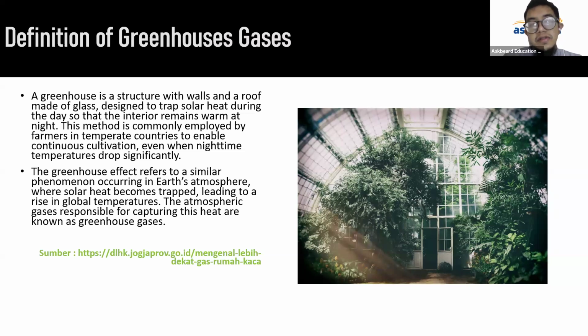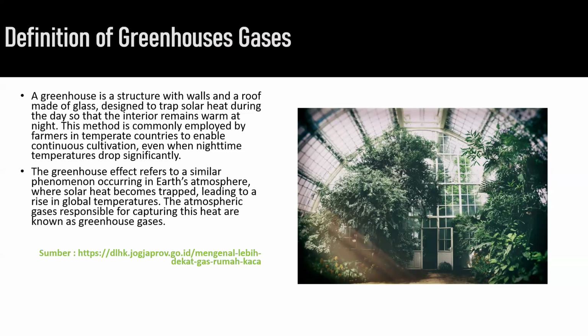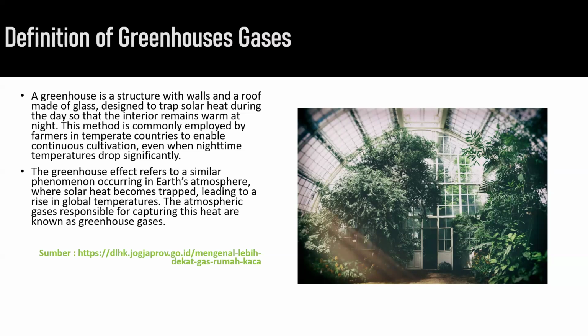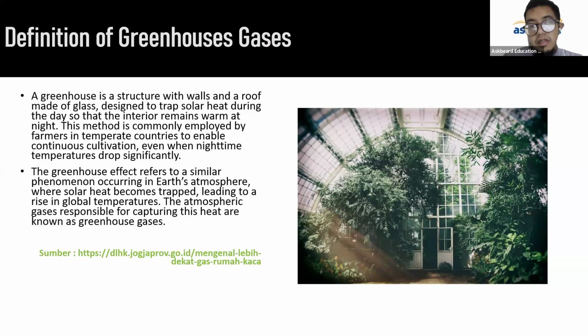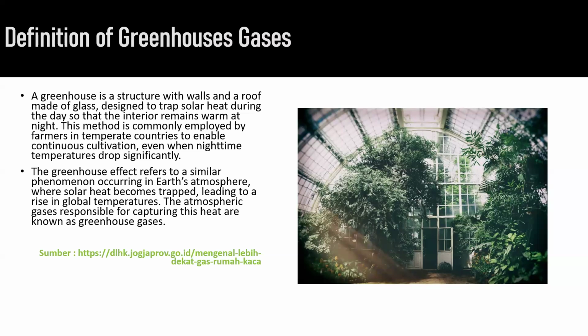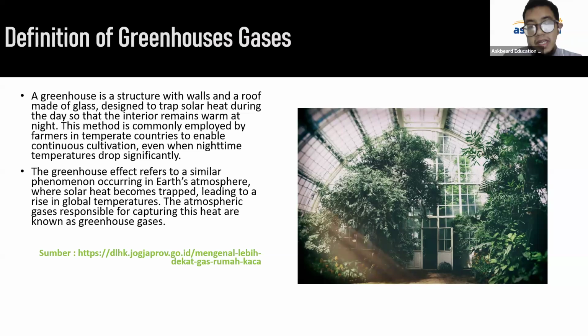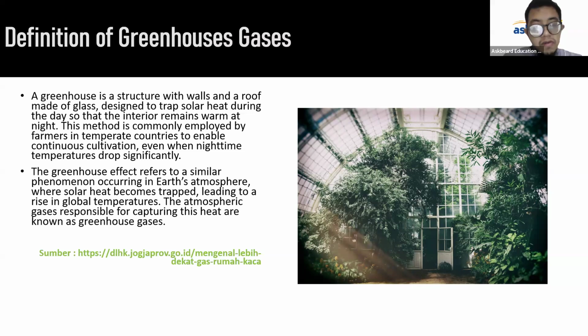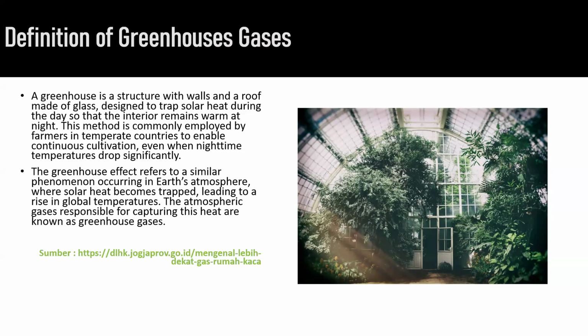It is designed to trap solar heat radiation during the day, so that the interior remains warm at night. So when we enter the greenhouse, we feel warmer. Usually farmers in the winter use the greenhouse to make their plants still grow, and to make their agriculture continue, enabling continuous cultivation.